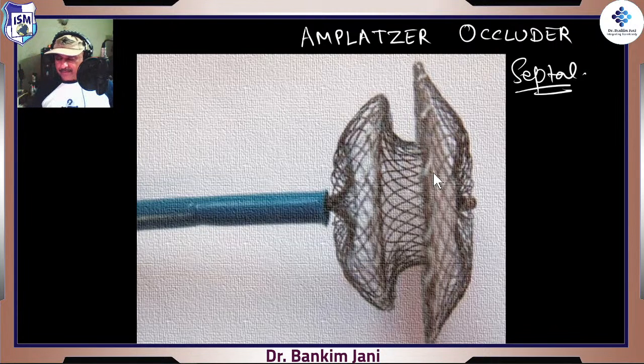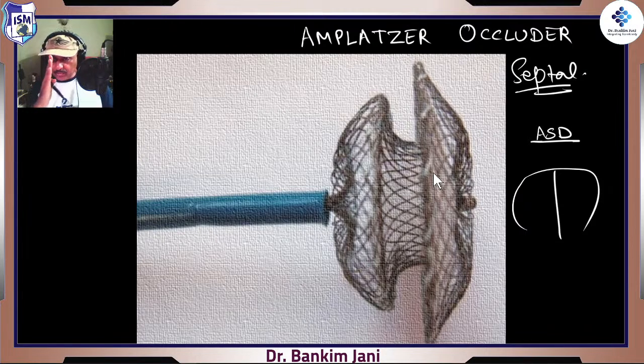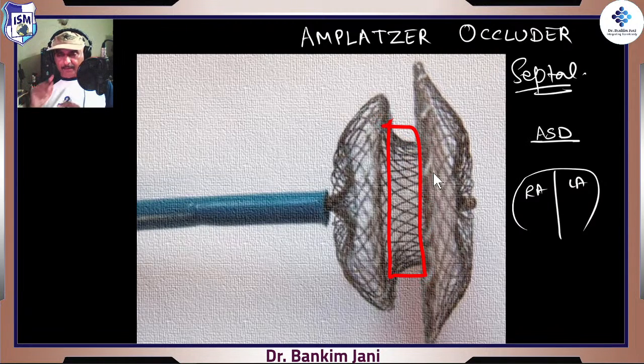What is the difference? In case of ASD, the right atrium and left atrium are both weak chambers. They're small chambers, their wall is thin. So it makes complete sense that this in-between portion should be thin. Let's say here is the hole.